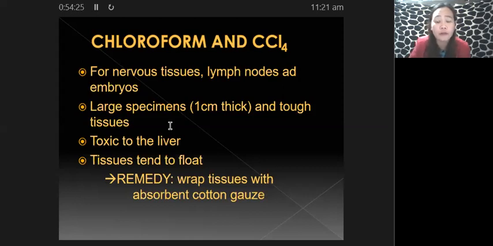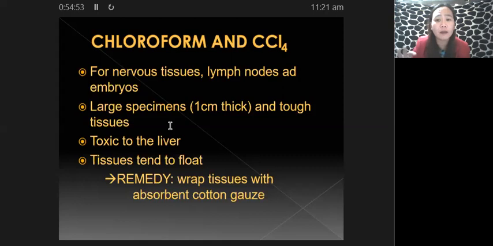We have your collagen fibers. I think I mentioned before that if a particular structure or organ contains a lot of collagen fibers, then it is considered to be a tough tissue. So your skin, being keratinized and containing a lot of collagen fibers, is considered to be a tough tissue.